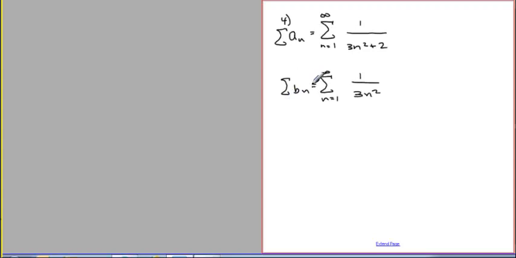Because this number is going to be positive anyway, when you add 2, this is going to be a slightly larger number than that number. As a consequence, we can always say that a sub n is less than b sub n.